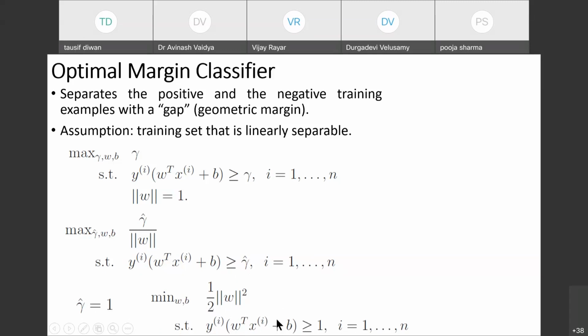This is the final objective function of any SVM. Parameters are there, and those parameters are represented with the help of vector w, and the ultimate aim is that we want to reduce the norm of this w. So this was the optimal margin classifier.